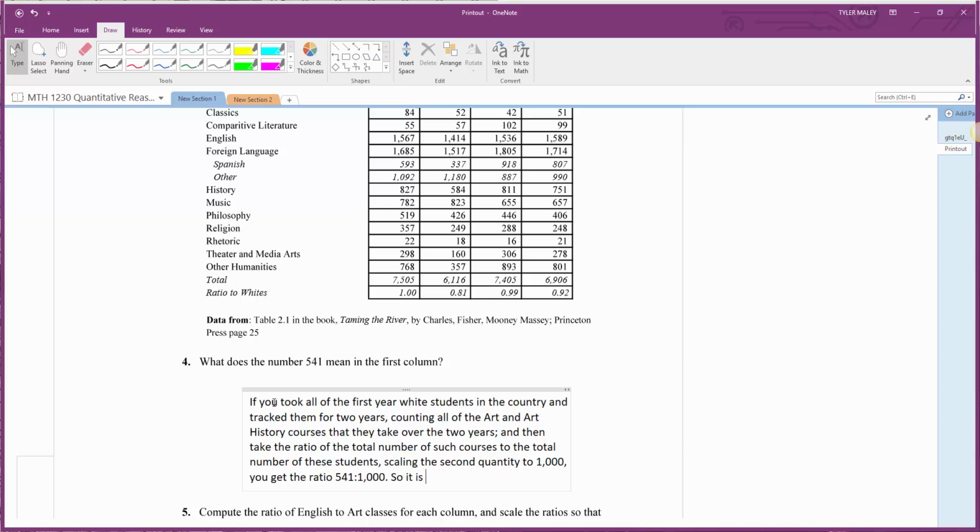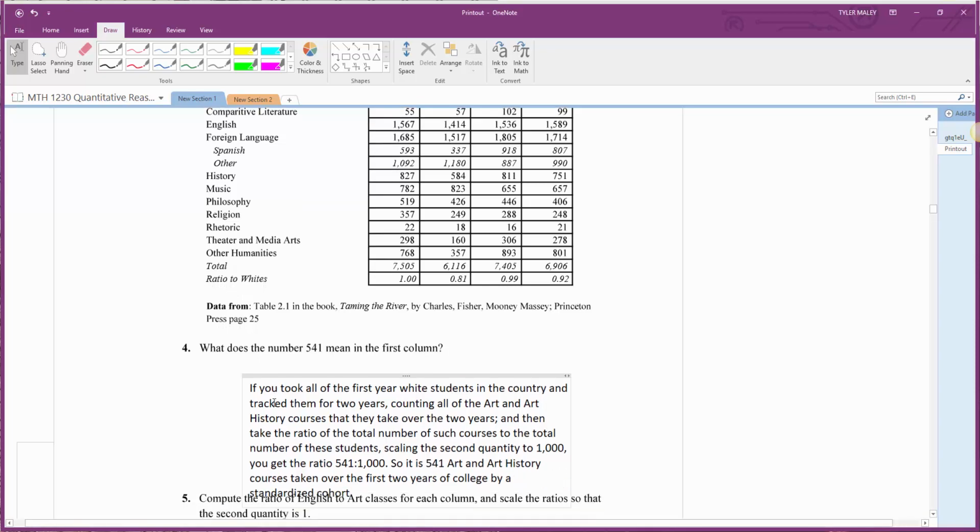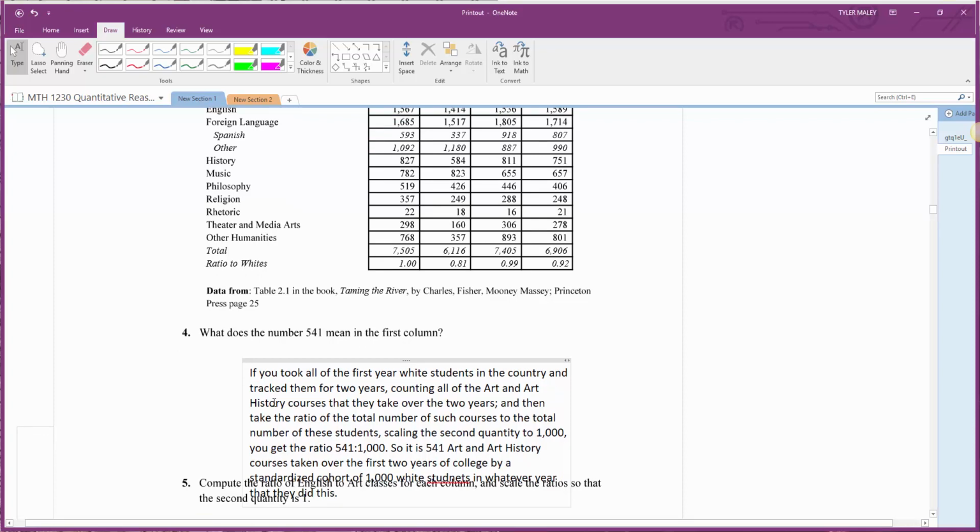So it is 541 art and art history courses taken over the first 2 years of college by a standardized cohort of 1,000 white students in whatever year that they did this.